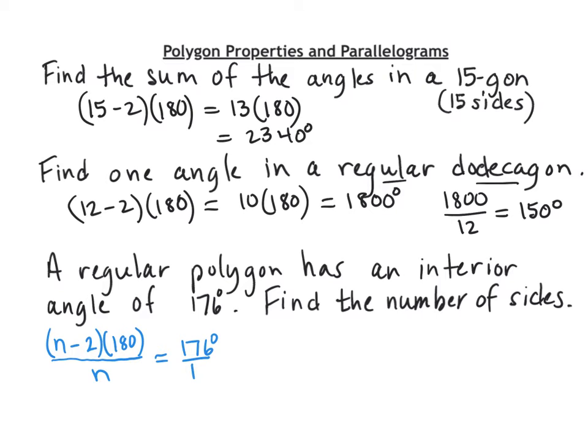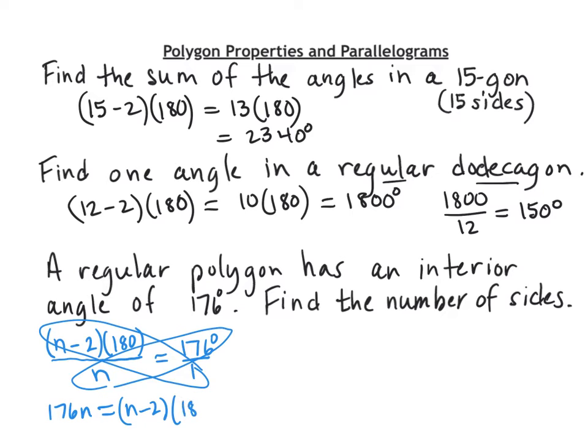If I solve this equation, I'll know the answer. I could cross multiply, that'd be a good way to go. 176 times n, 176n equals, cross multiply, 1 times n minus 2 times 180, which is n minus 2 times 180.